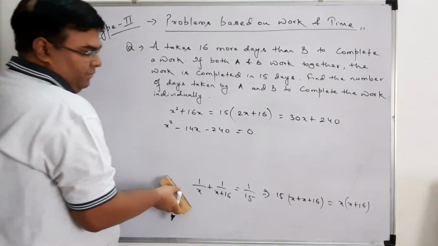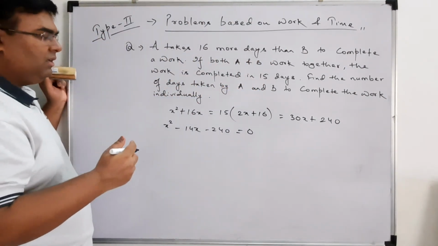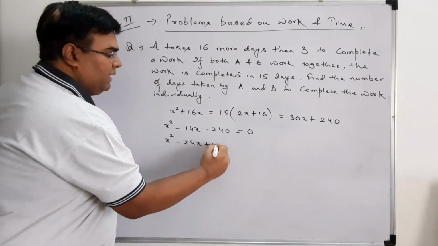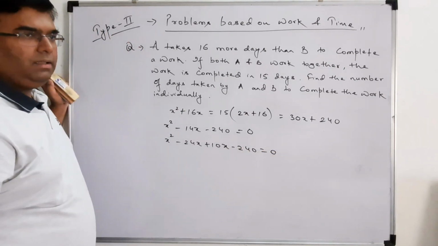Correct? Now if you factorize it, you will get x square minus 24x plus 10x minus 240, right?